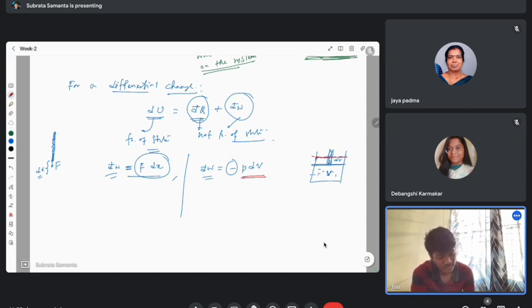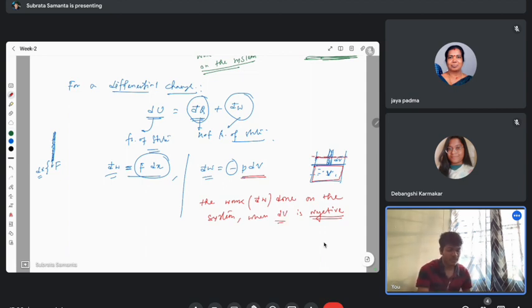So if work is done on the system, then the work dw is positive when dV is negative.